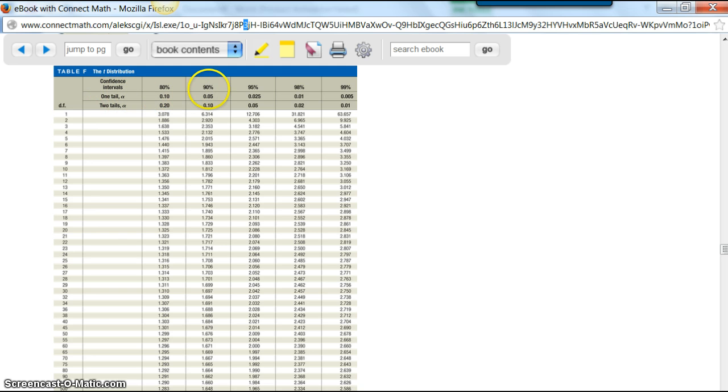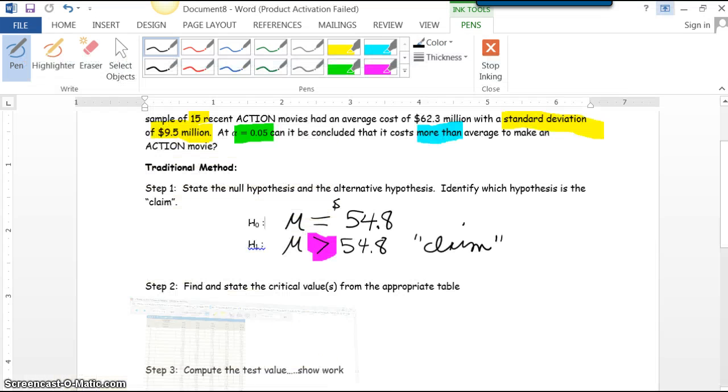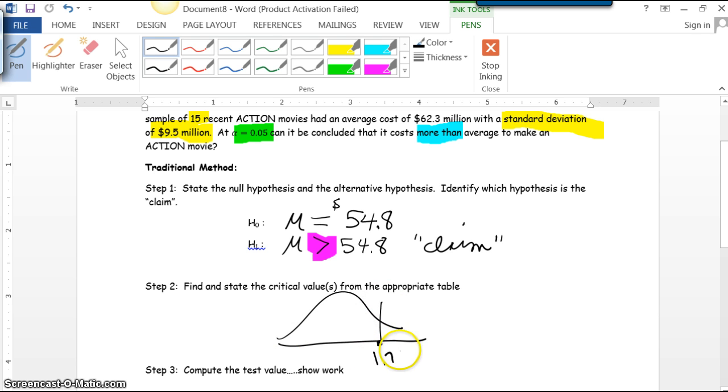This is a right-tailed test. Here's our alpha. We'll come down to line 14, 1.761. That's a right-tailed test, so the 1.761 is positive. And there's one critical value, one critical region, on the right side.